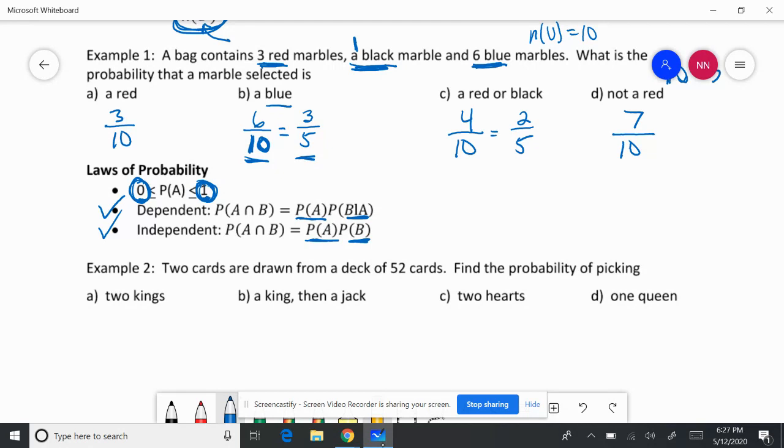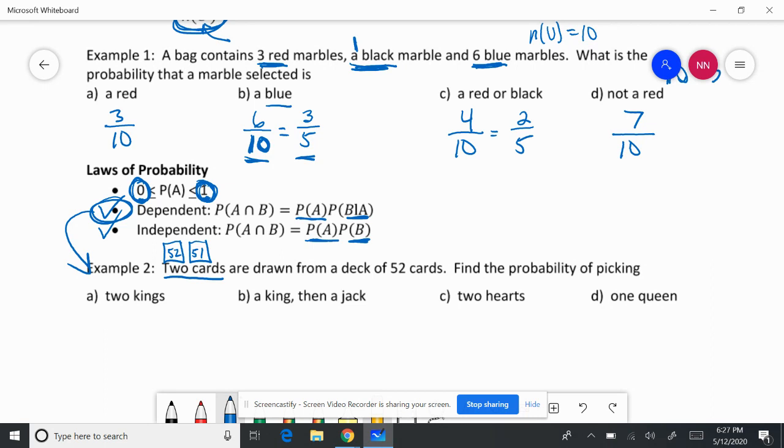We're going to first look at cards. Cards would be dependent events. The reason is when you pick one card, we no longer have 52 in the deck, we now have 51 in the deck. So our probability changes from 52 to 51. Whenever our probability changes, that means it's a dependent event.